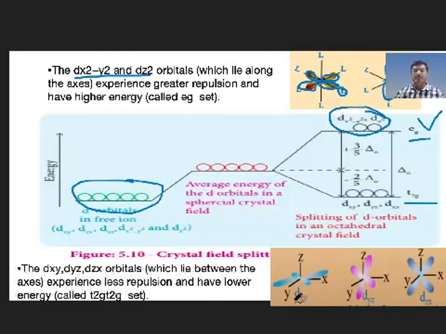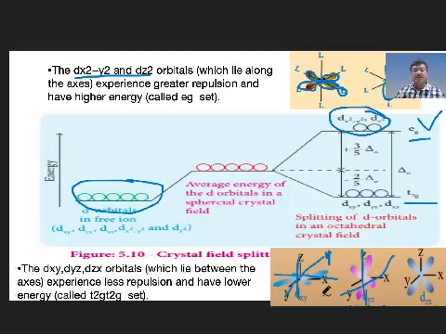And the xy, yz and zx orbitals are present between the axes. For example, the xy orbital is present between the x and y axes, and in the yz orbital, the lobe is present between the z and y axes.